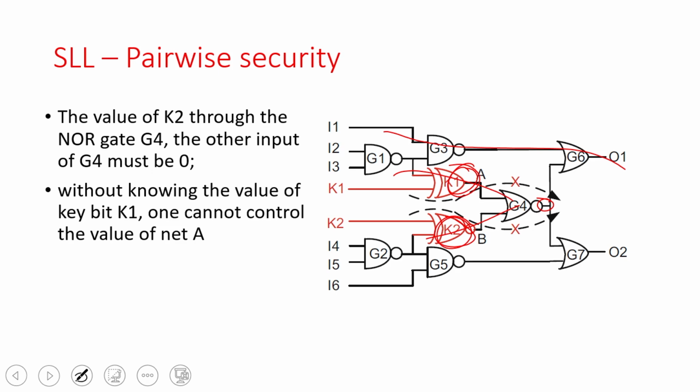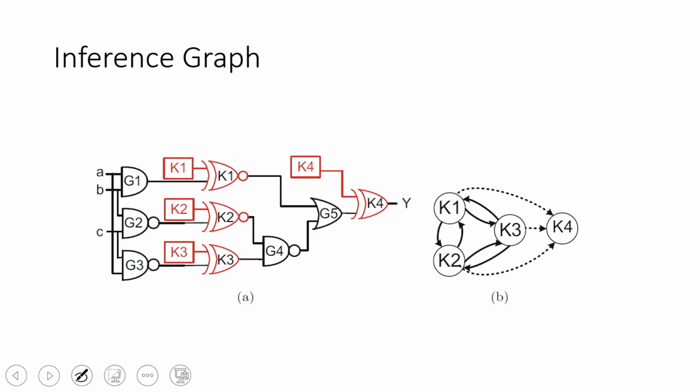So, this is the basic idea of pairwise security. Try to find out how many such dependencies there are. It is basically saying that K1 and K3 are in the same path. To get the value of K1 you need to also consider the value of K3. To get the value of K1 you also need to analyze the value of K2, and so on, right.